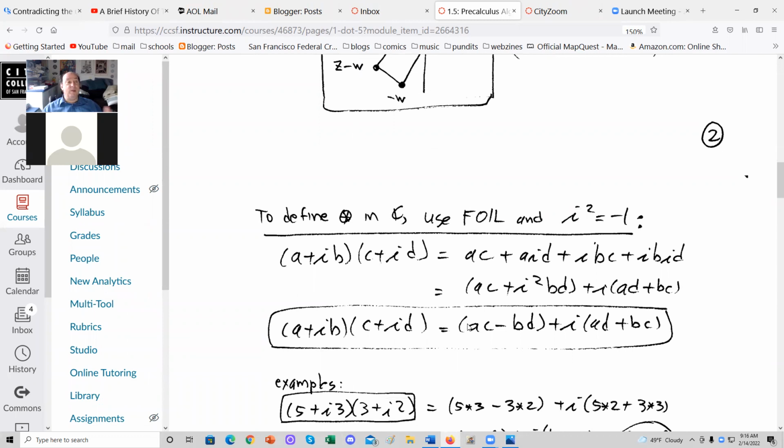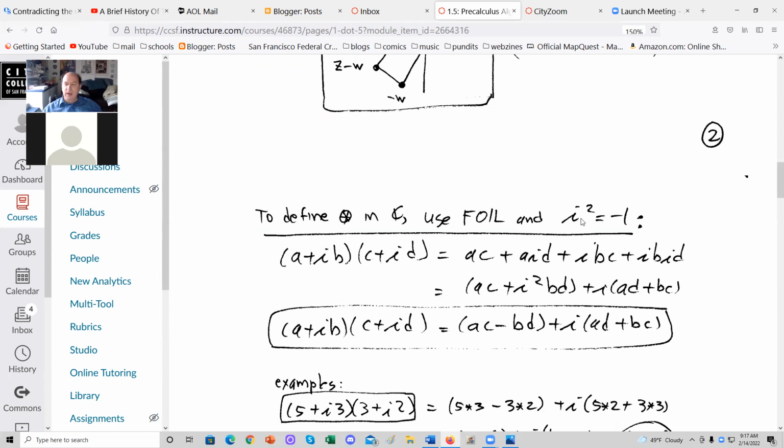We have to assume that it works more or less the same way as it does with real numbers, and see if it's consistent, and it is. To do it algebraically, you multiply these out, you use FOIL. First, outer, inner, last. ac is first, iad is outer, ibc is inner, ibid is last.